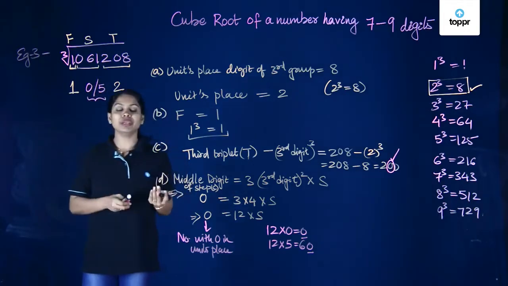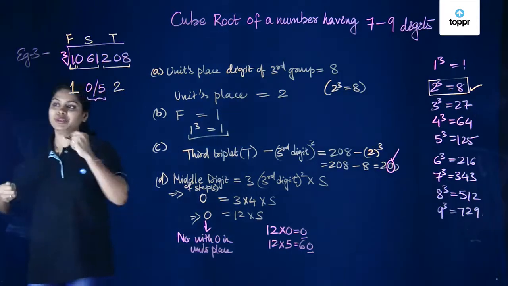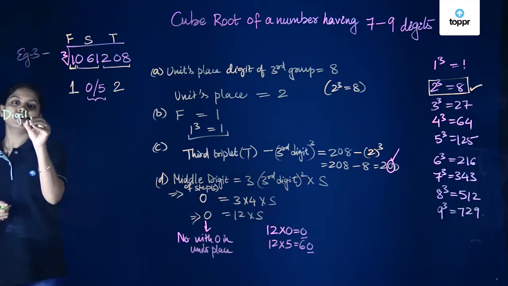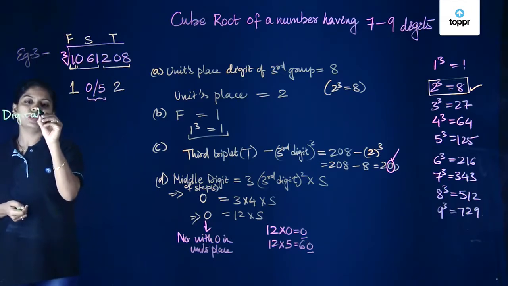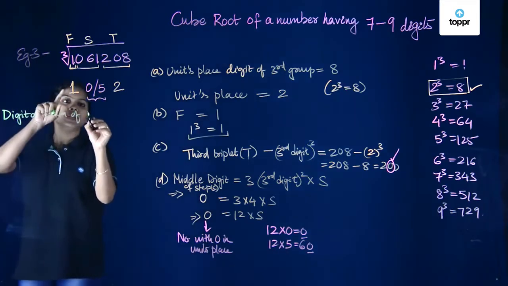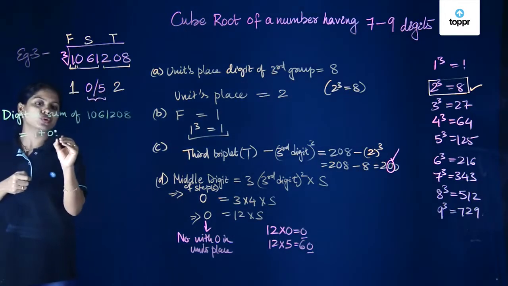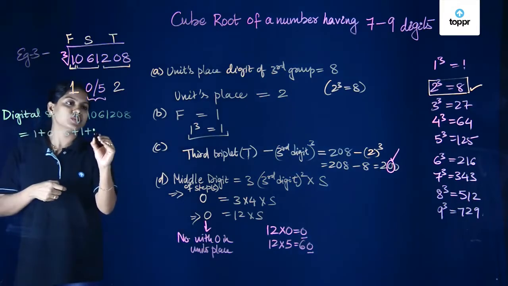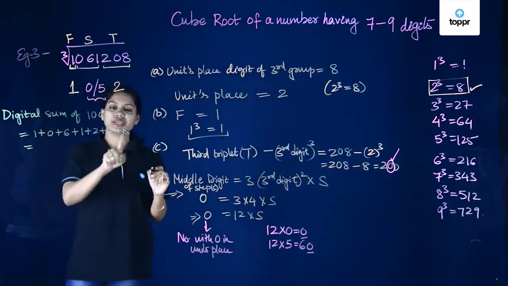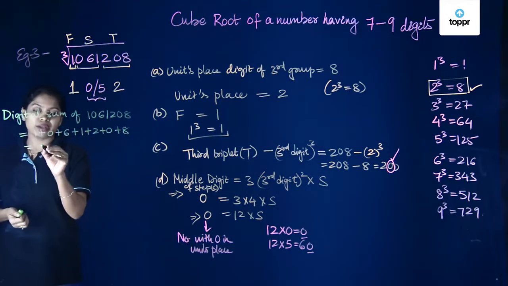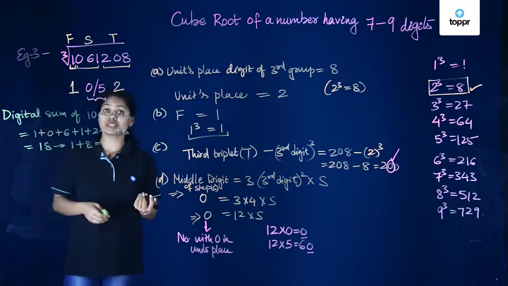In order to decide that, we do the digital sum method. In the digital sum method, we first find the digital sum of the given number, 1061208. So that's equal to 1 plus 0 plus 6 plus 1 plus 2 plus 0 plus 8, and that is 7, 8, 9, 10. 10 plus 8 is 18. And in 18 again the digital sum is equal to 9. So here we have the digital sum equal to 9.